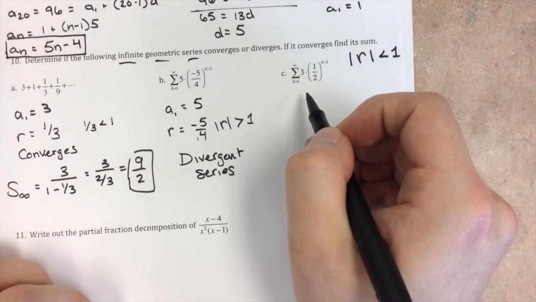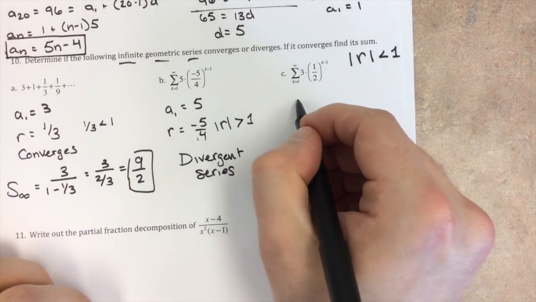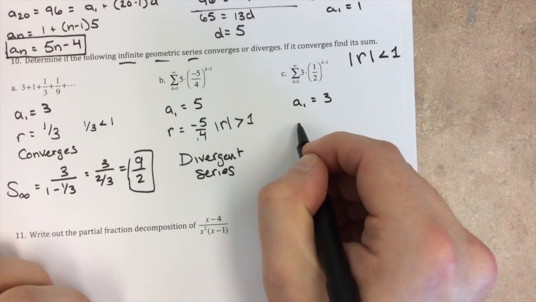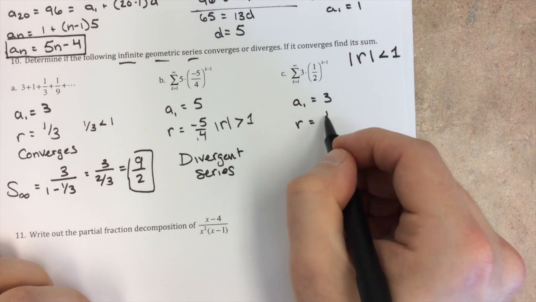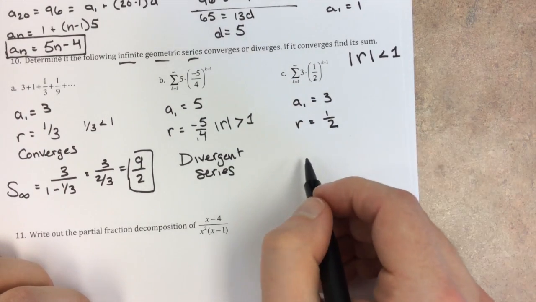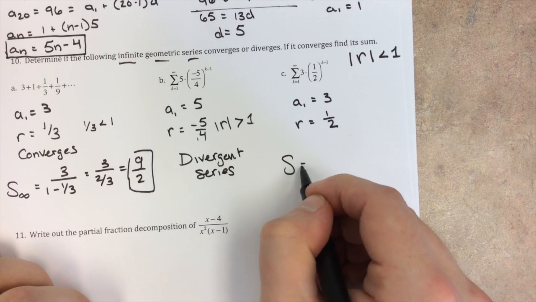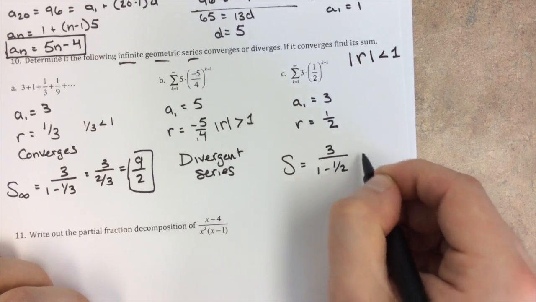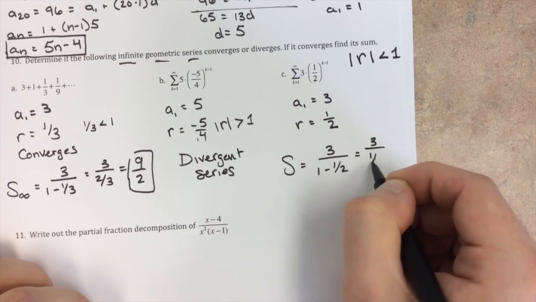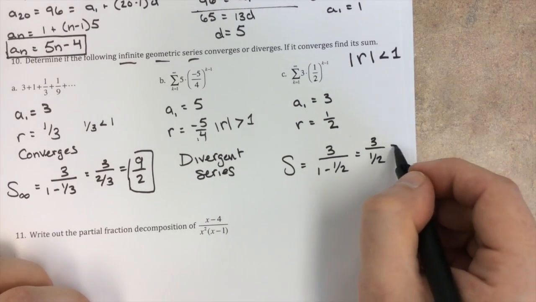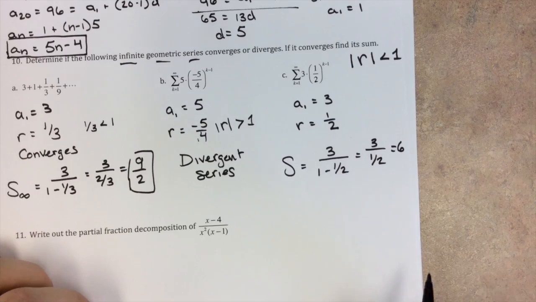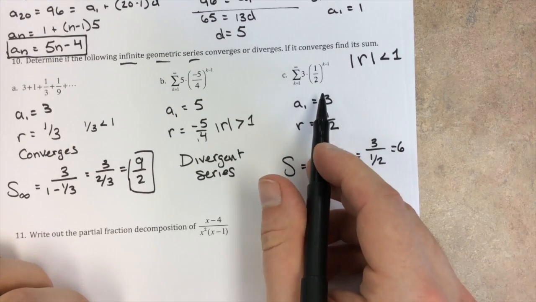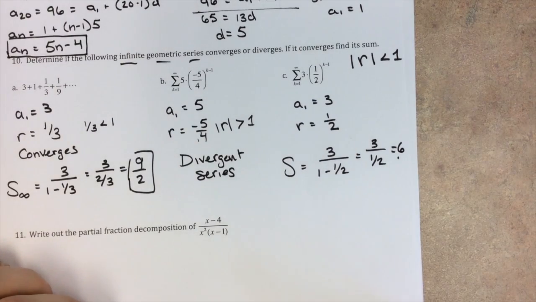Likewise for c. My first term is 3. My ratio is what's on the inside, so 1/2. So then I just plug in to my formula. My sum is 3 over 1 minus 1/2, which is 3 over 1/2, which is 6. So if I add up all of these terms, I'm getting closer and closer to 6.